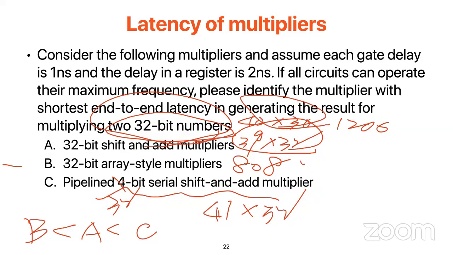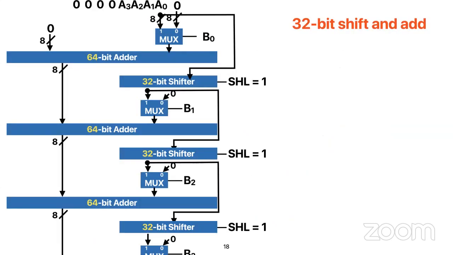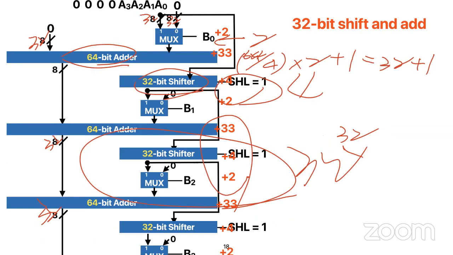I'm sorry, I'm still kind of confused how you got 39 times 32 and 41 times 32. So how do I get this? For the case of the 32-bit serial multiplier, you need 32 copies of these, you need to duplicate this part of the circuit 32 times.